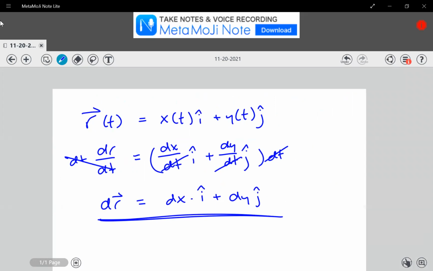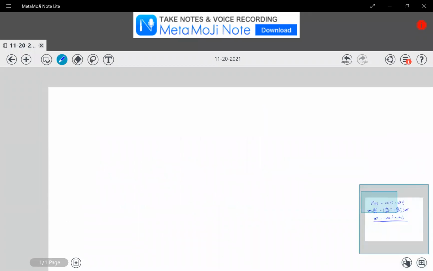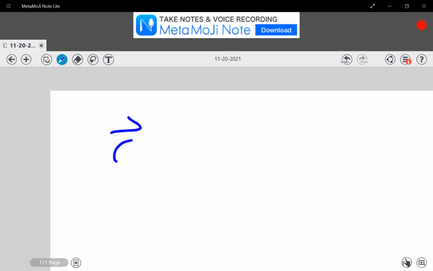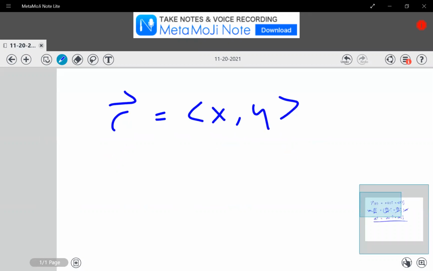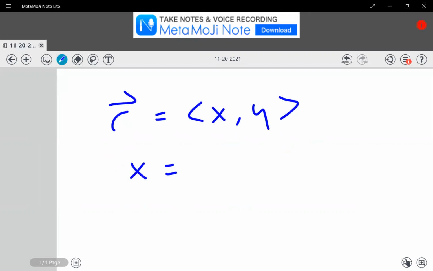And let me find an example real quick that I can just run through quickly. All right, so let's say that we have this vector r that's defined by x comma y. And in this vector, x is equal to t and y is equal to t squared.